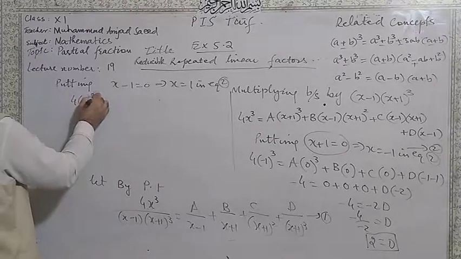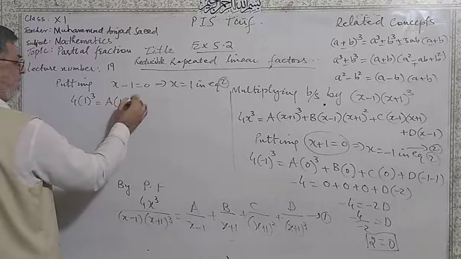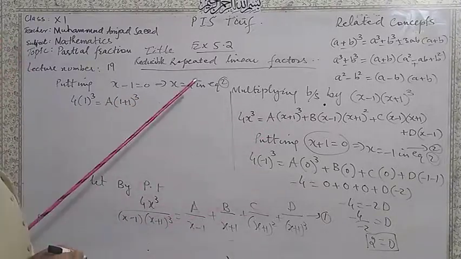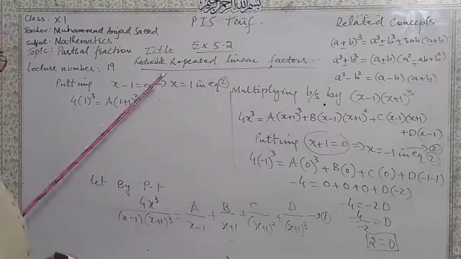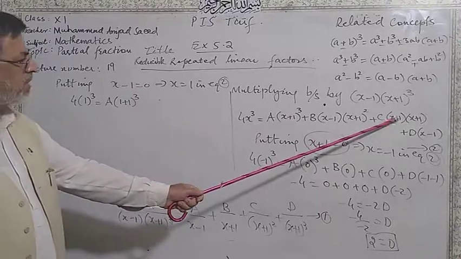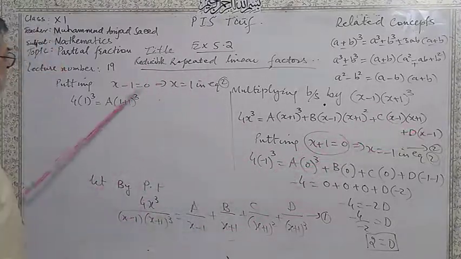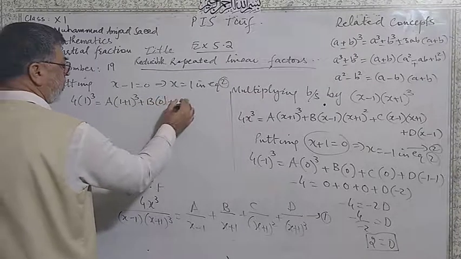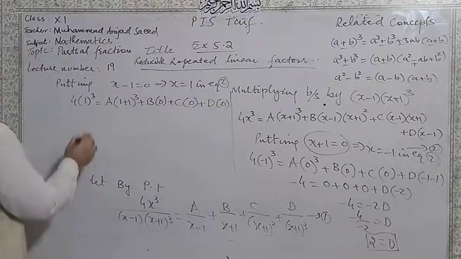4 into 1 cube is equal to a into 1 plus 1 whole cube. But here is x minus 1, that is 0, and x minus 1 is 0. So we will have b into 0 plus c into 0 plus d into 0.